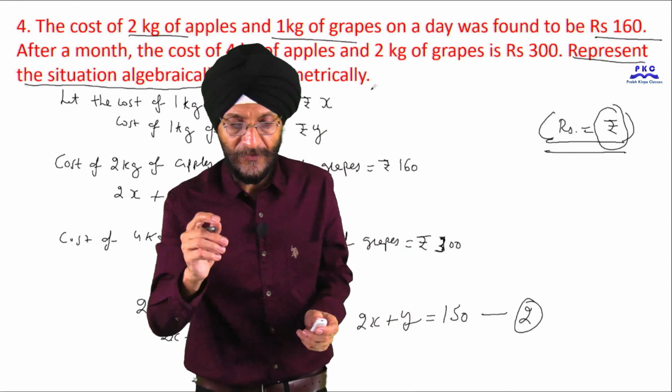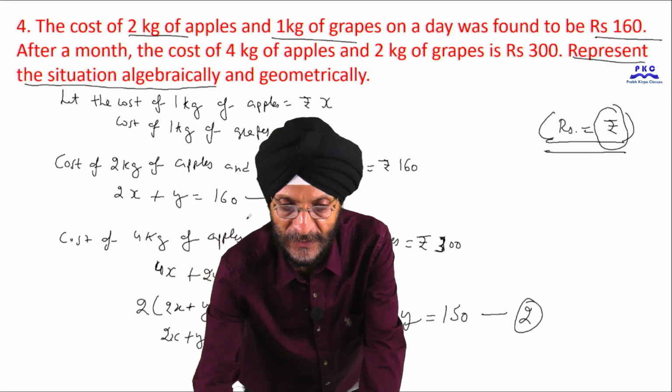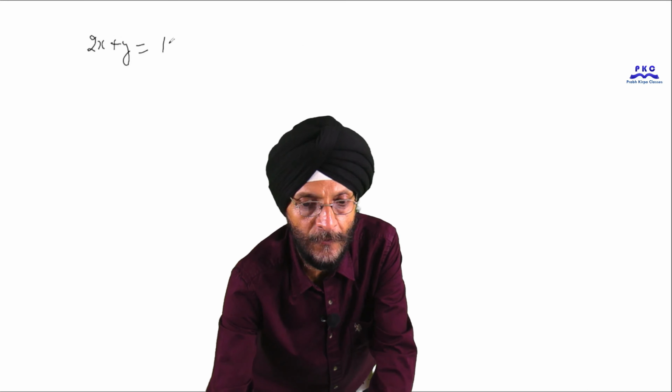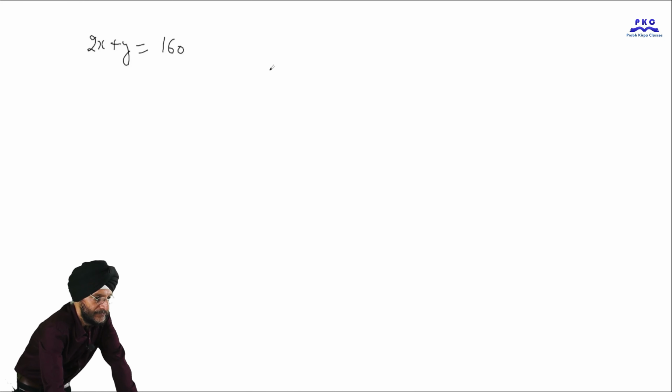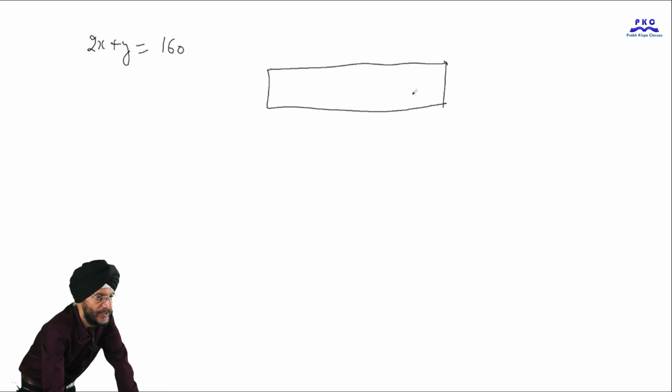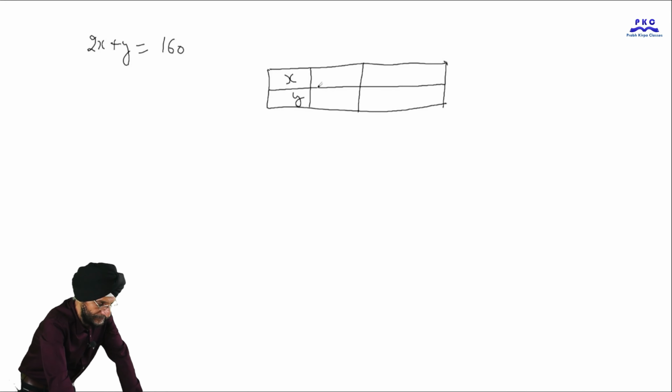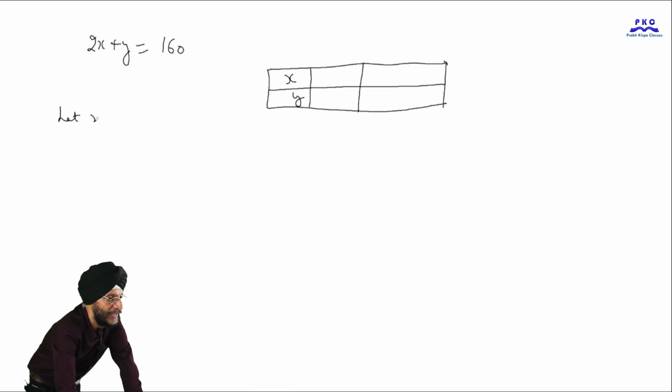So now first of all we will take the first equation, 2x plus y is equal to 160. As we have to find two solutions, here we will write x, here we will write y. Now let the value of x be 50.